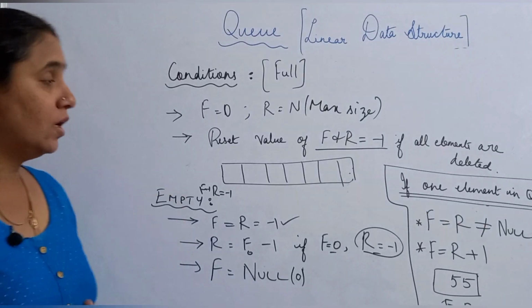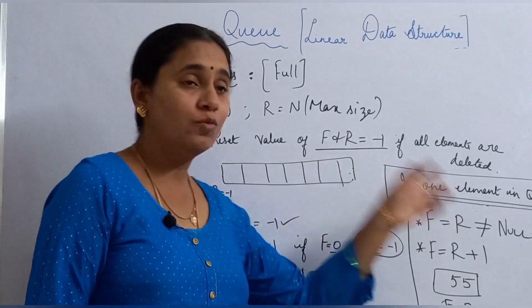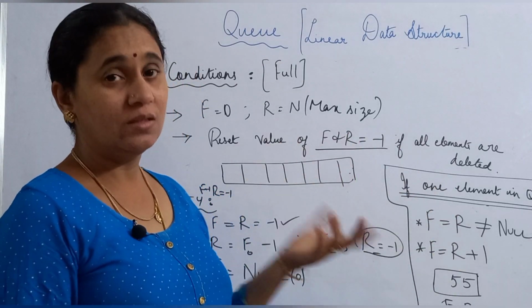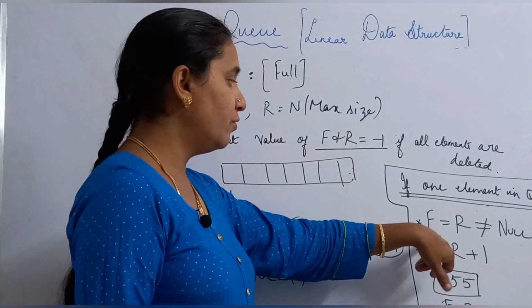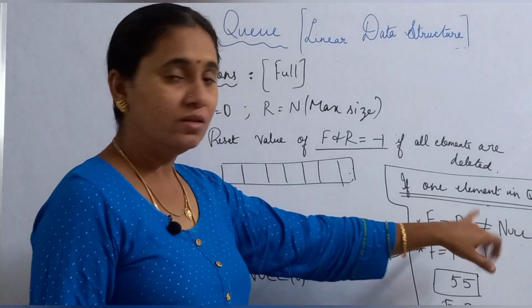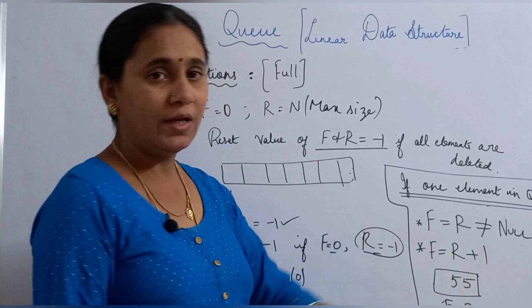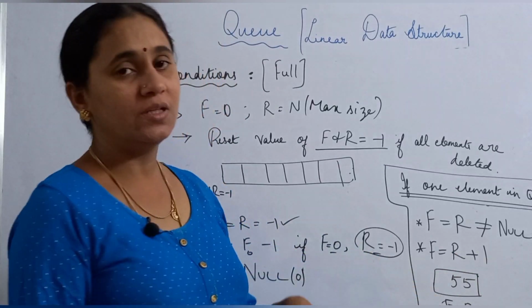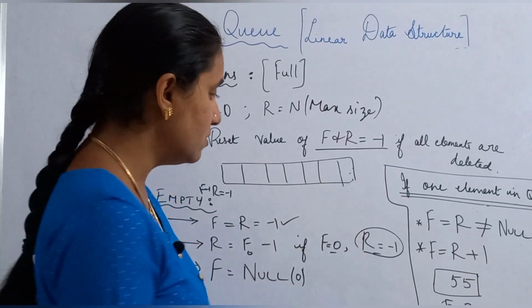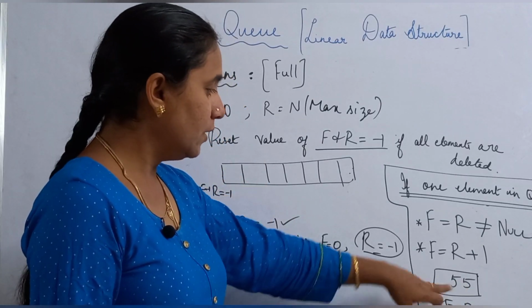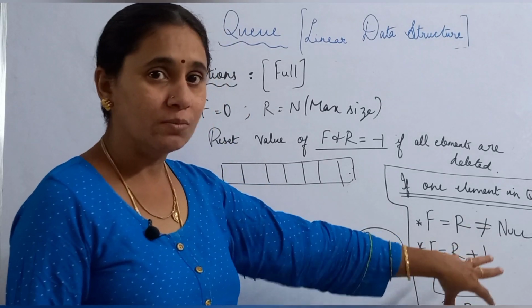Okay friends, now the condition if one element is present in the queue. We have 2 questions that they may ask you. First, front is equal to rear and it is not equal to null, is this true? See, this is a queue data structure. I have stored only one element in the queue. Can you tell me, is the queue empty or not?